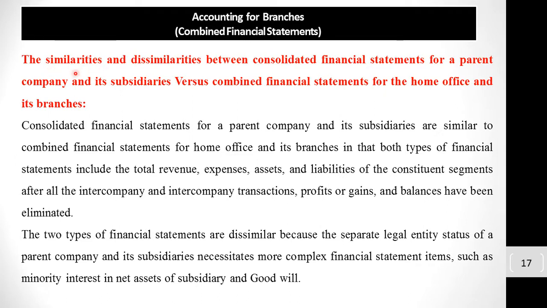What about the similarities and dissimilarities between consolidated financial statements, which we already discussed before, for a parent company and its subsidiaries, versus combined financial statements for the home office and its branch, which we are going to discuss now?